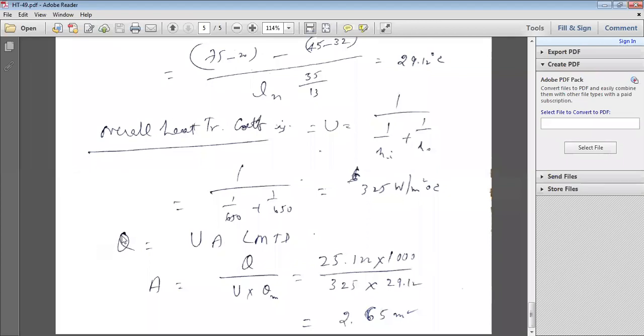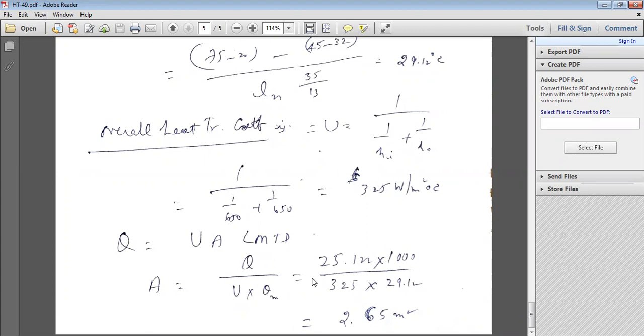From the relation, heat transfer rate Q of the given heat exchanger is equal to U A into LMTD. From this, area is equal to Q by U into LMTD, or theta mean.